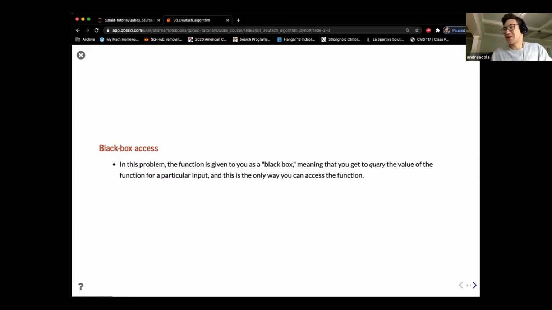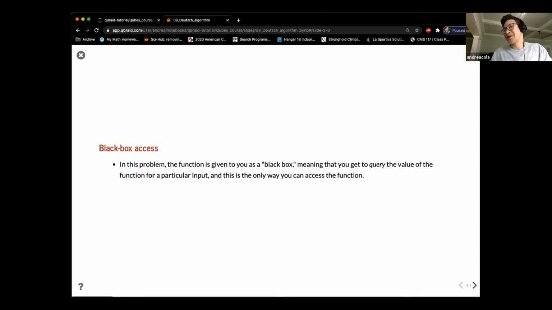The function is given to you as a black box. What this means is that you get to query, imagine there's some oracle, some wizard that holds the function f. You get to query this oracle on a particular input of choice to the function.